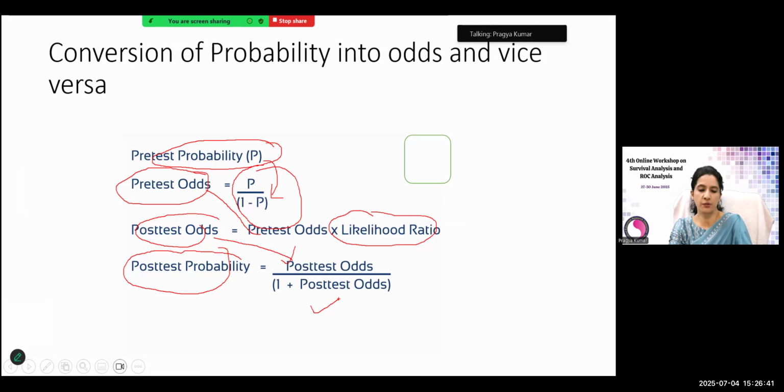So this is just to demonstrate what is happening in the background. You don't need to calculate it. Just remember how these odds and probability are getting converted to each other. One thing you can remember is that post-test odds is equal to likelihood ratio multiplied by pre-test odds.